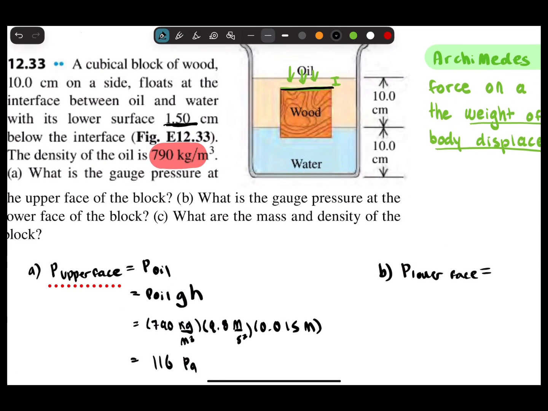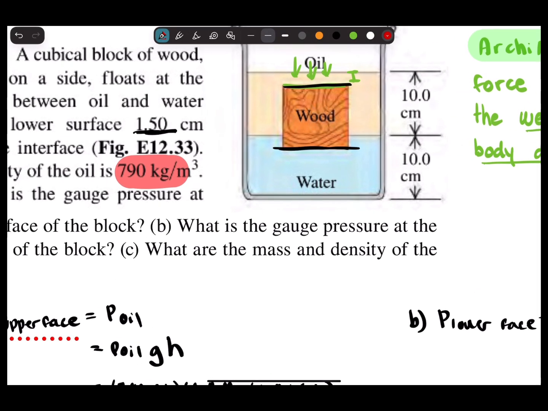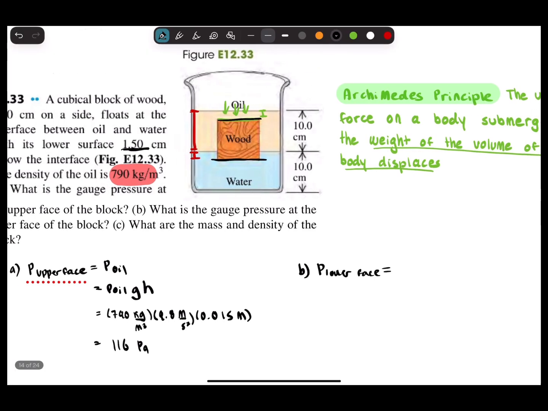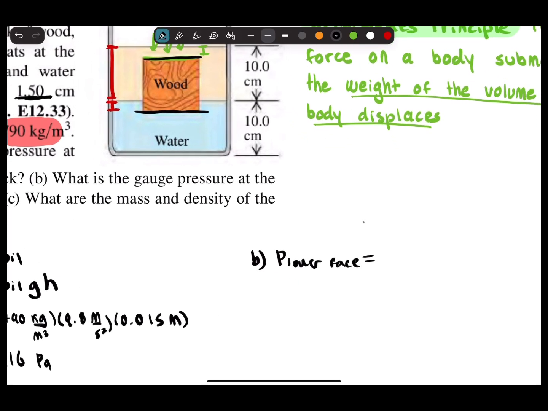So if we're looking at the lower face, we have two different types of fluid above the lower face. We have this much water above it and this much oil above it. So we need to consider the pressure from the oil above it and the pressure from the water above it. So P oil plus P water.